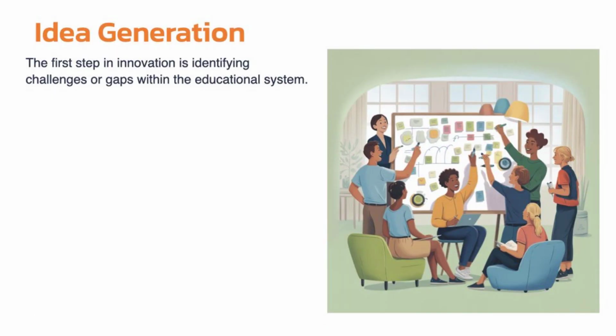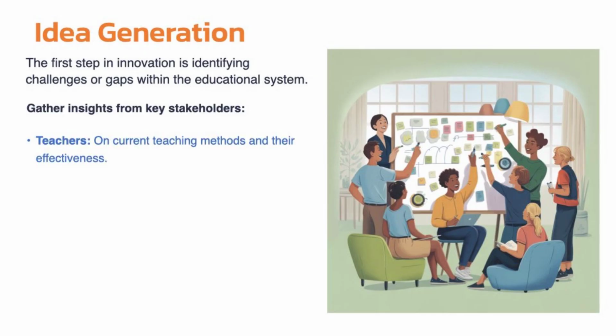The first step in the innovation creation process is idea generation. It begins by identifying existing problems or gaps in the educational system. To find meaningful ideas, we must listen to key stakeholders. Each group offers unique insights. Teachers, for example, know which teaching methods are working and which are not.